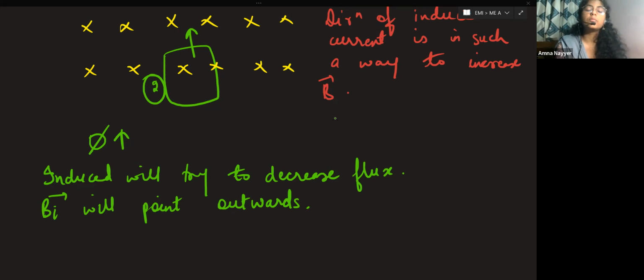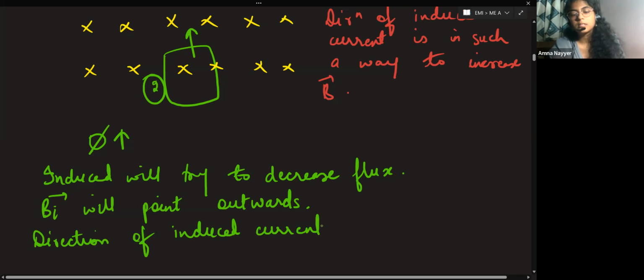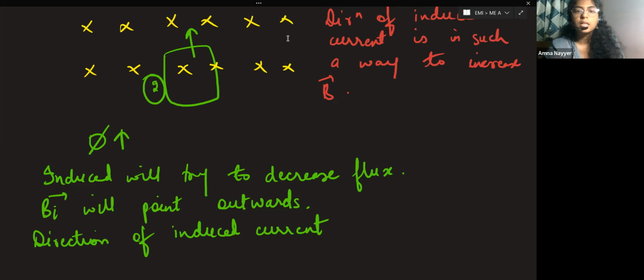Sarah, can you answer what should be the direction of induced current? If the magnetic field has to point outwards, what should be the direction of induced current? It will be anti-clockwise, yes.